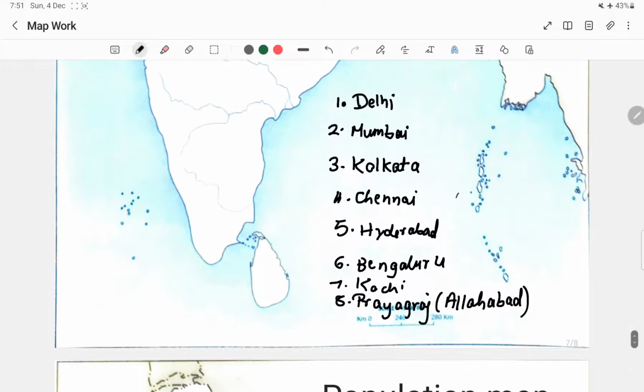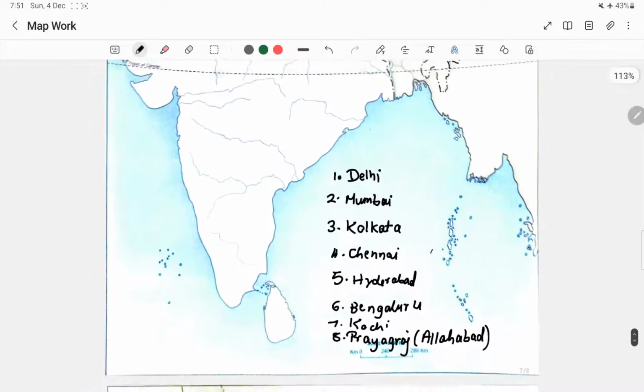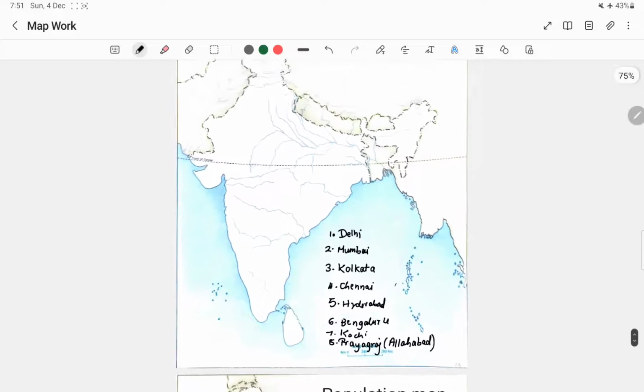So these are total 8 cities which are included in your ICSE syllabus.